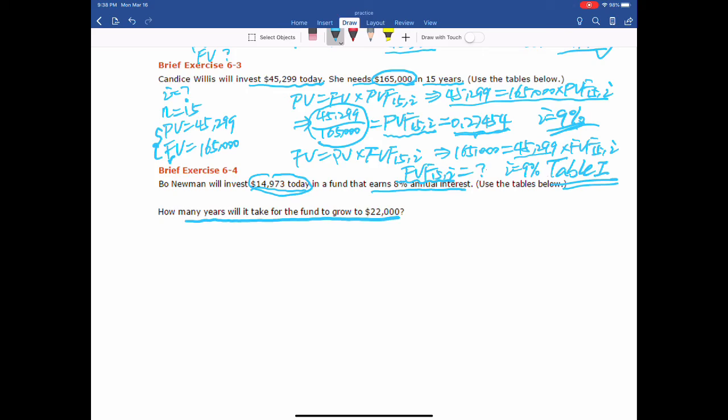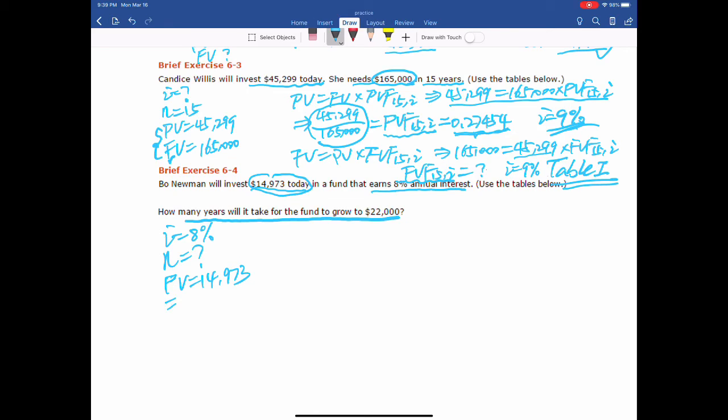First, because we are not told how the interest is compounded, we assume it is compounded annually. So interest per year, or per period, is 8%. We don't know how many years. We have the present value, which is 14,973.